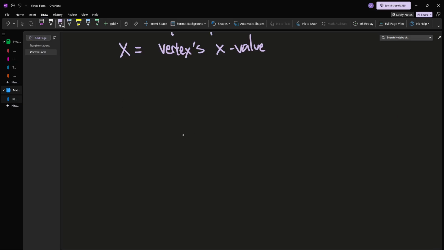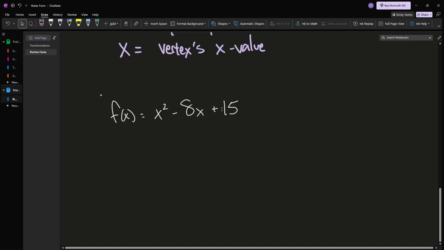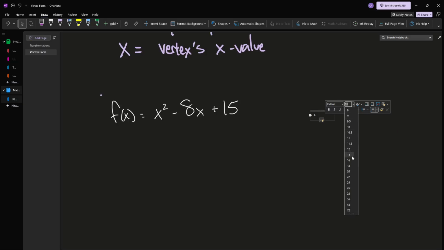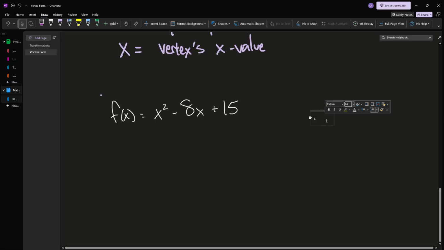So let's have f of x is equal to x squared minus 8x plus 15. And to solve this out, we have a bunch of steps that I'm going to write in this way. First off, we want to find the vertex.